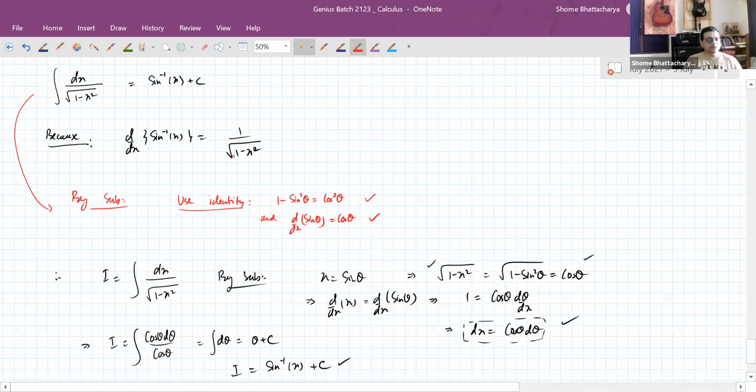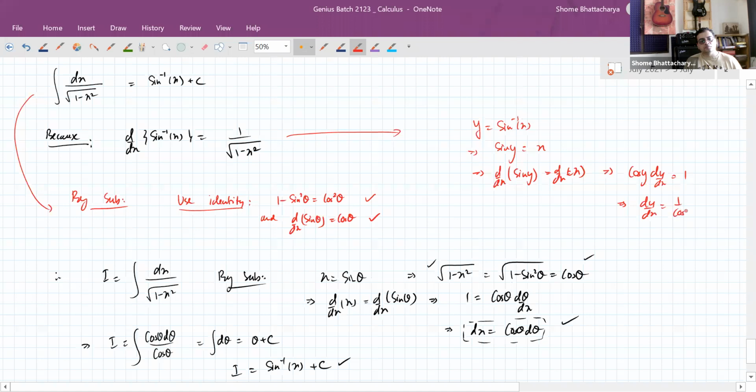Just as you know, if you're doing the reverse of this, how would you prove this? We prove it this way, that y is equal to sine inverse x. That means sine y is equal to x. So realize that actually it's like two sides of the same coin.